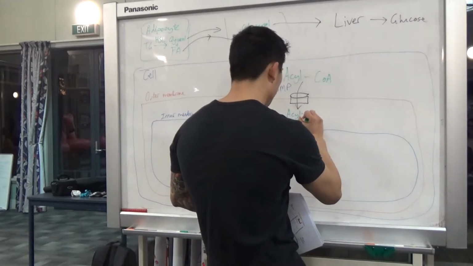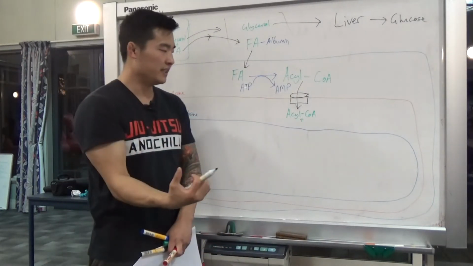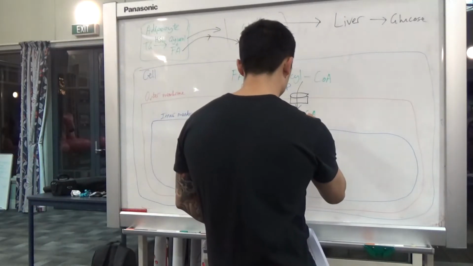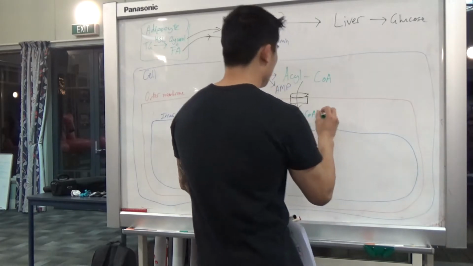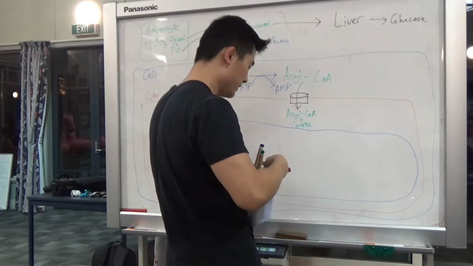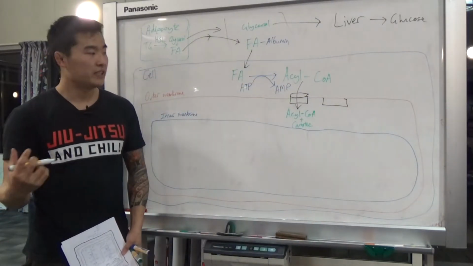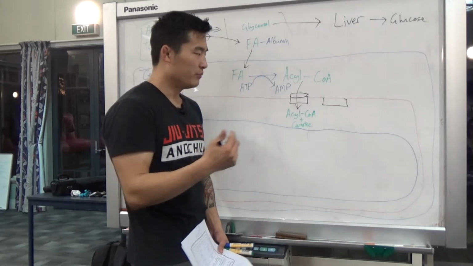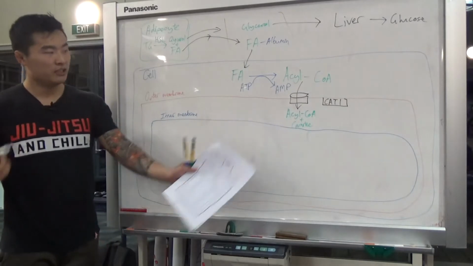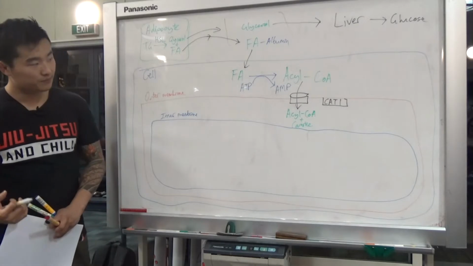So this acyl-CoA can't get through the inner membrane, so it has to be moved to a carnitine. So there's a carnitine molecule, and this is catalyzed by a protein on the inner surface of the outer membrane, and that's called carnitine acyl transferase.